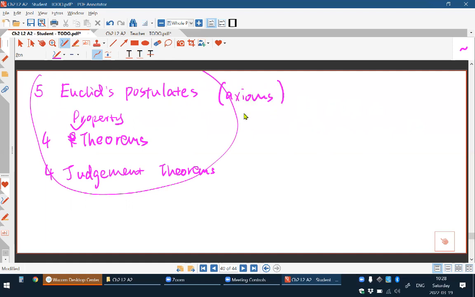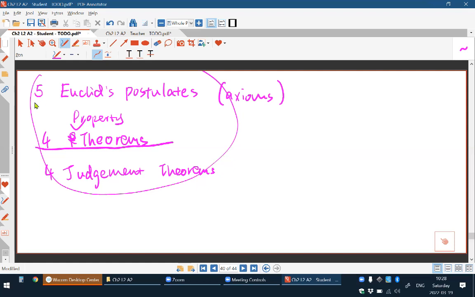For postulates or axioms, you don't have to prove them, right? And for the four property theorems, we actually have to prove them, and I have shown you how to prove them in our previous lesson. And another four judgment theorems, again, we have to prove any of these statements.